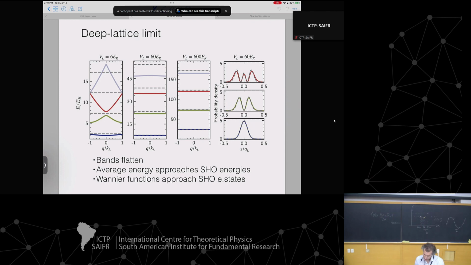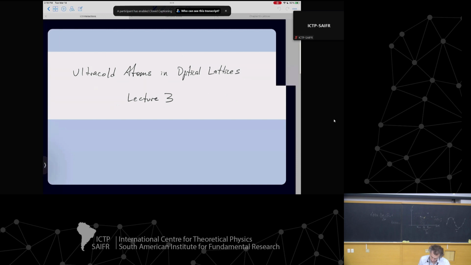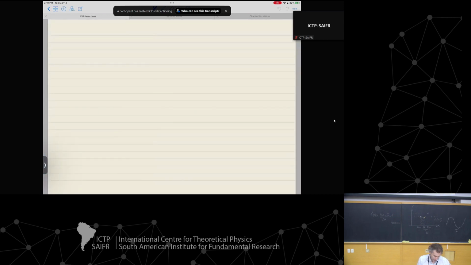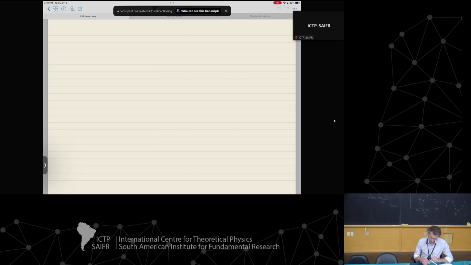So first of all, why should that be so? Well, the reason you might expect something like that is our potential, the potential we're talking about, is V lattice times sine squared of k_L x.